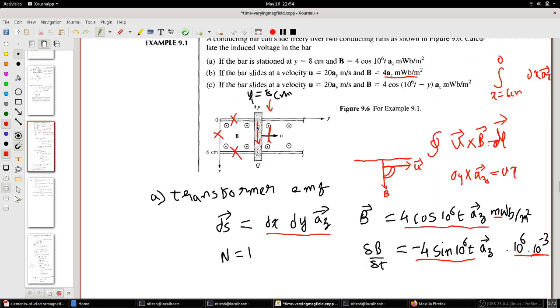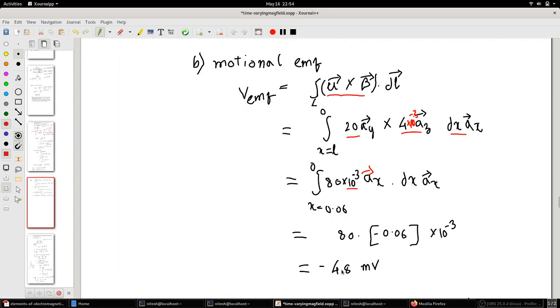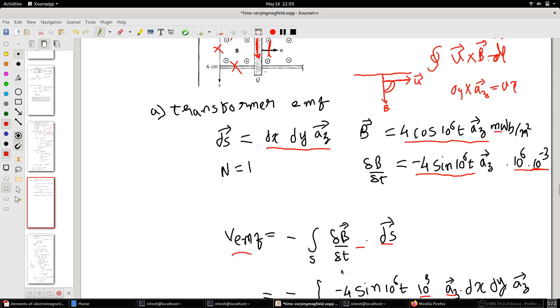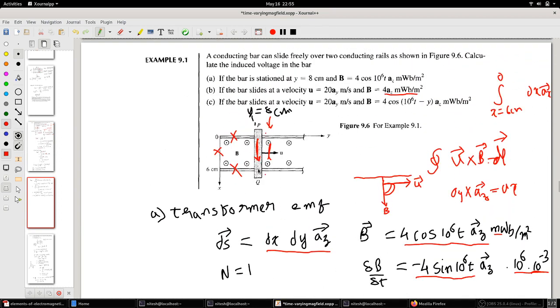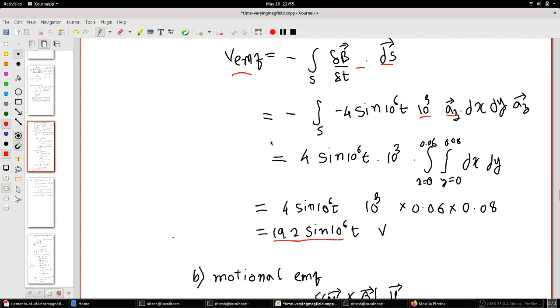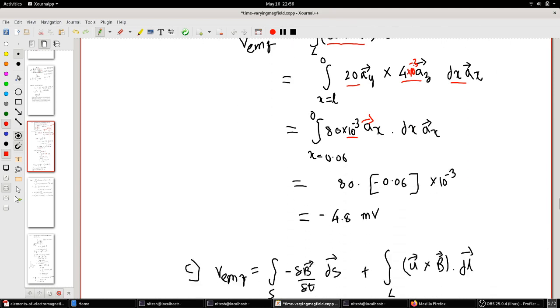This is the direction of the current, and the limits is from this point to this point of the dl. Minus 4.8 millivolts. So when I say minus 4.8 millivolts, this is my plus and this is my minus. This is how the EMF is induced. We'll talk about the Lenz's law part later.